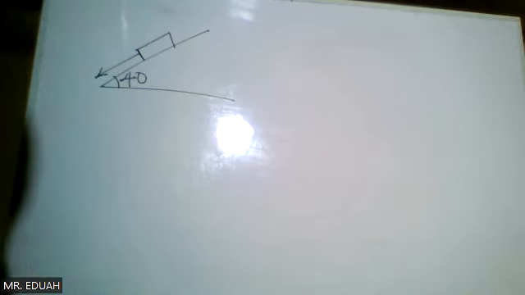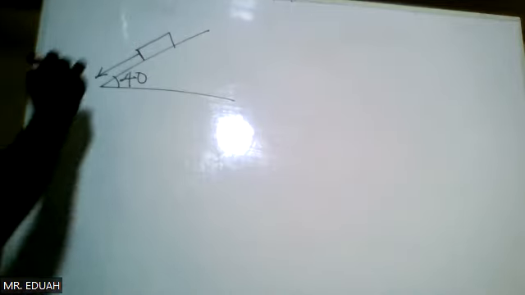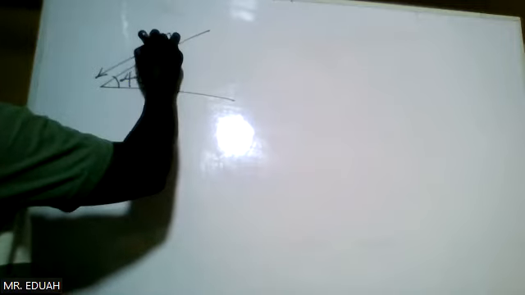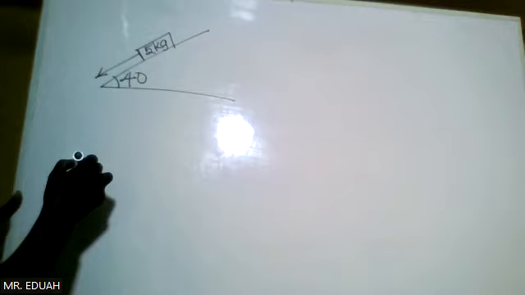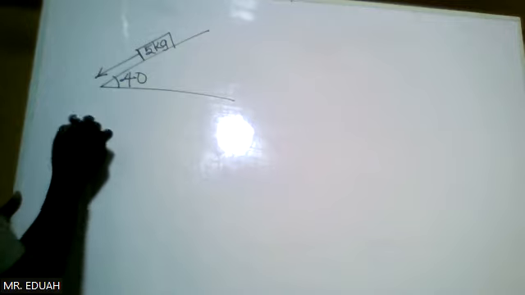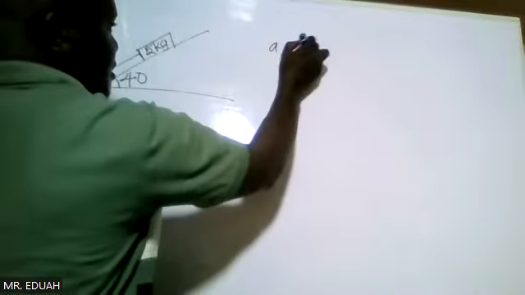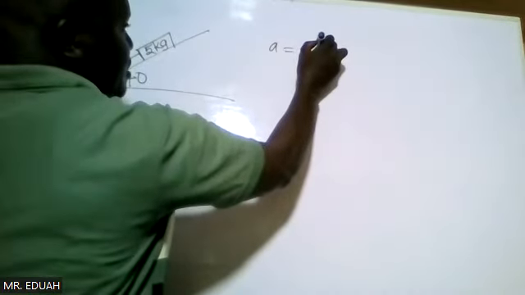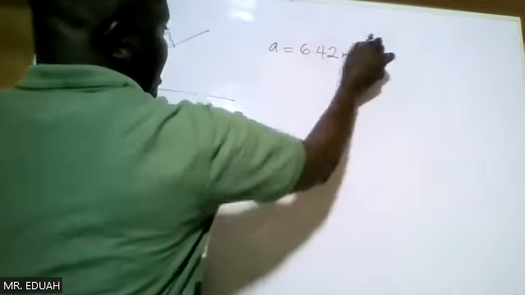So, Gerard, what did you get for the acceleration? What value did you get? I had 6.4278 meter per second square. Yes, sir.